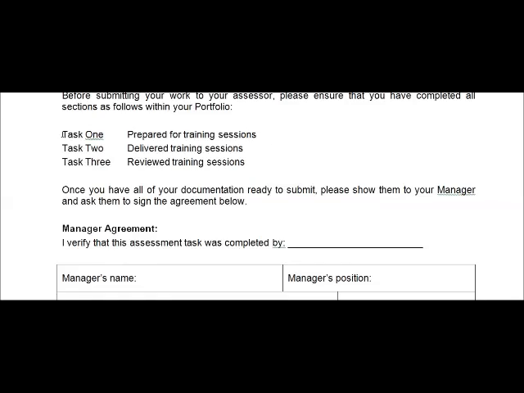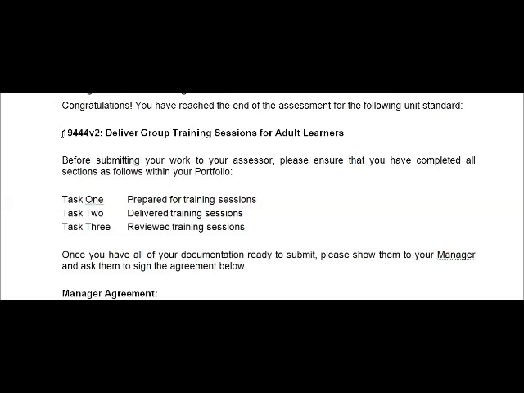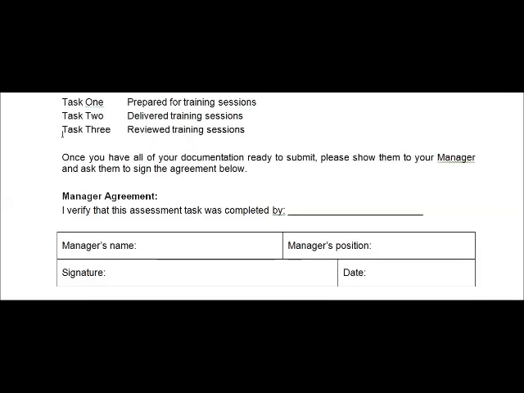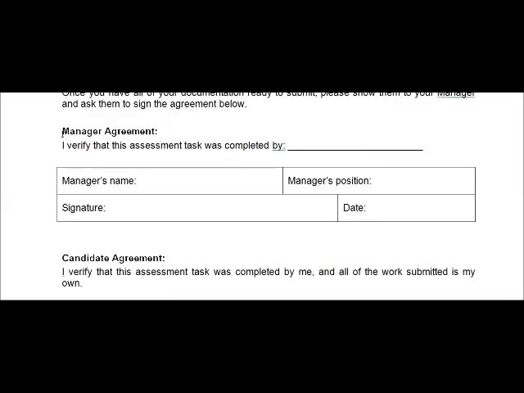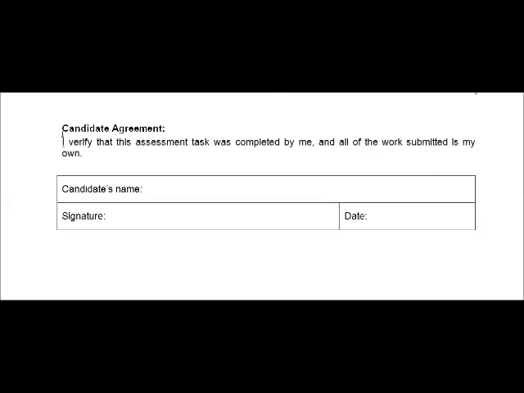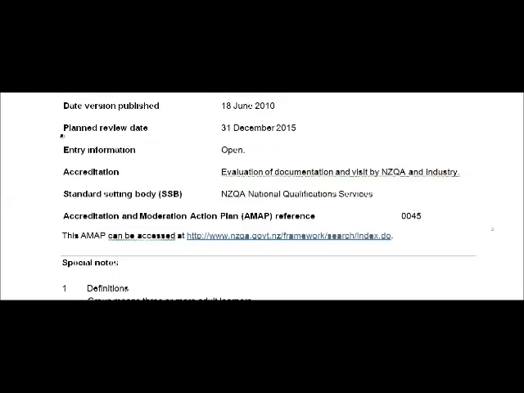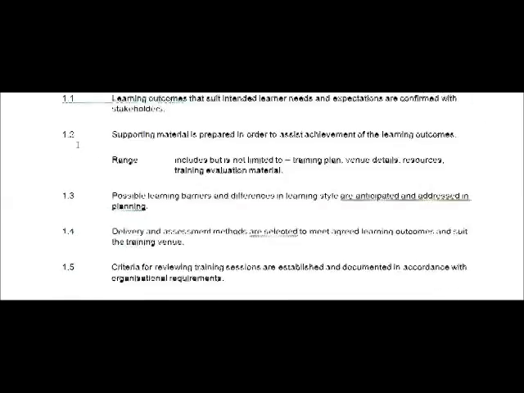And the last thing is just you and your manager complete this agreement on this page here, page 28. Alright, that's just to verify that that is your own work, that what you're submitting isn't for another trainer, but it is your own work there. Okay, and then you've just got a copy of the actual unit standard in the back of your assessment.